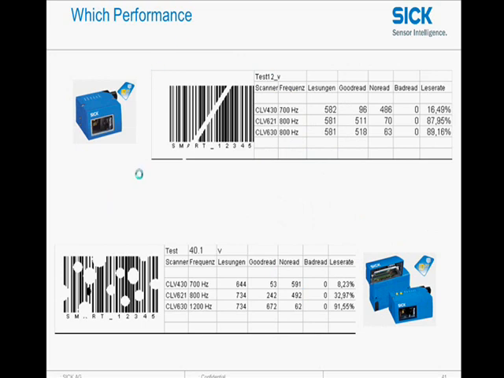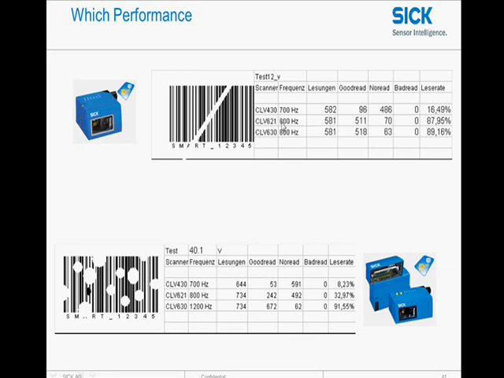So just to give you an idea of typical reasons why there might be a difference. Here is some error in the code, deliberately put in, but you can see the difference between the different types of scanners. Our older series scanner couldn't read it at all.